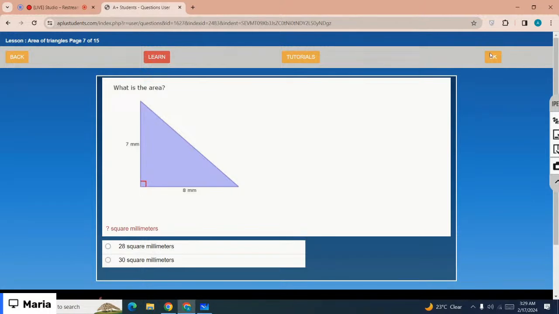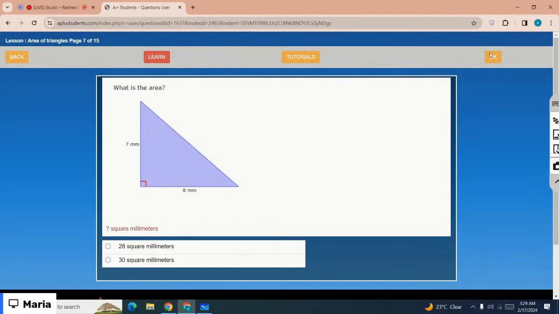What is the area? Which is the correct option? Yes, the correct option is 7 times 8 is 56 and 56 divided by 2, because you need to calculate the area of a triangle and the area of a triangle is half times base times height.